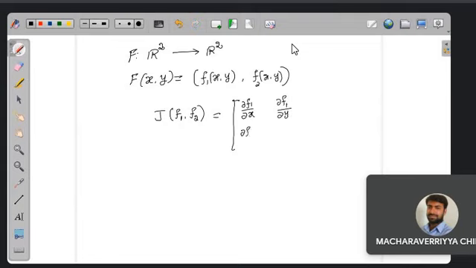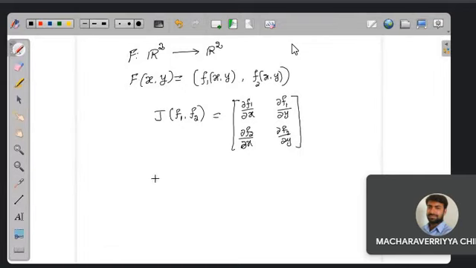And similarly, derivative of f2 with respect to x, and derivative of f2 with respect to y. Okay.